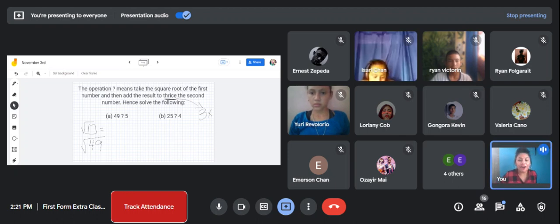Now, what is the square root of 25? 5. Very good, you guys. So for this question, the square root of 49 gives me 7. But that 7, I need to add it to 3 times what? 3 times 5. And how much is 3 times 5? 15.